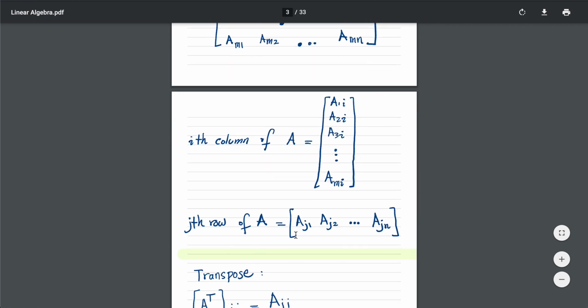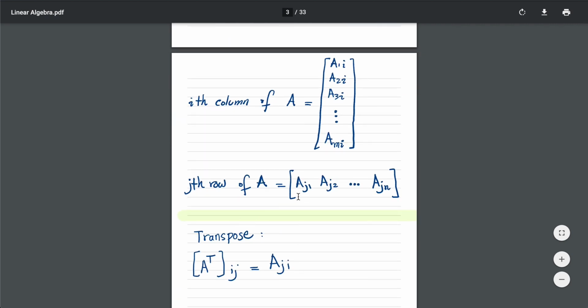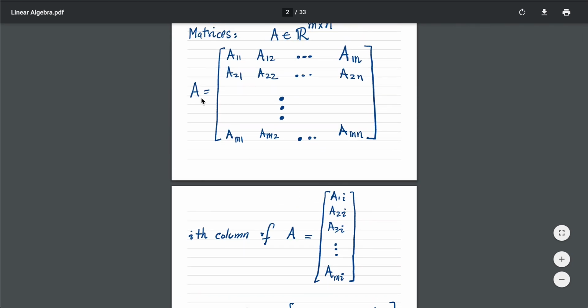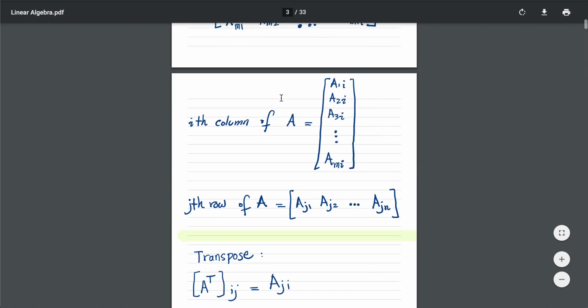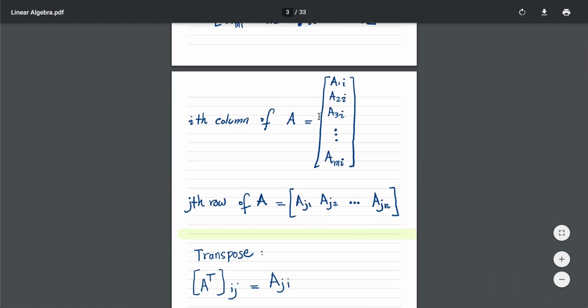The jth row, on the other hand, is somewhere here, and it's a row vector as opposed to a column vector. The first index indicates the row, the second index indicates the column, so Aj1, Aj2, Ajn.